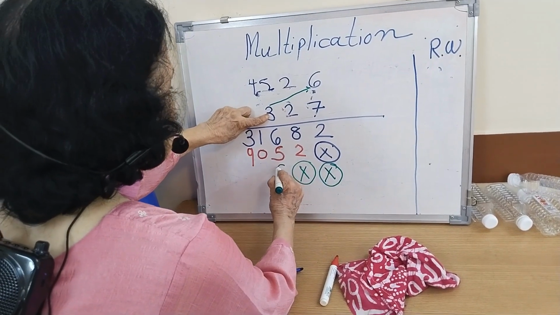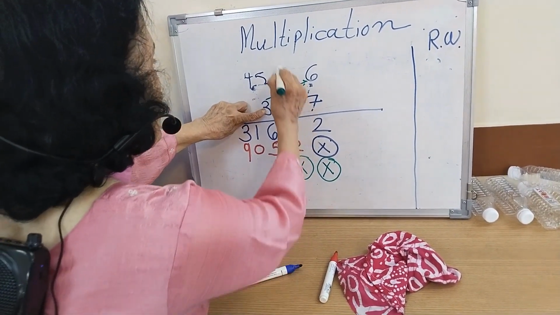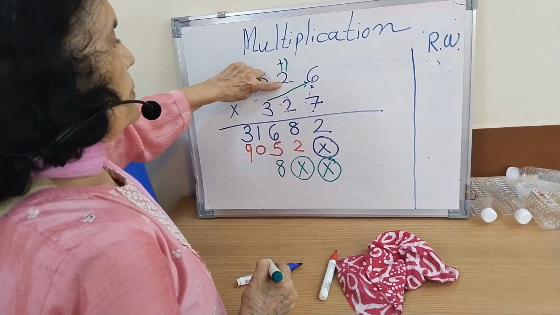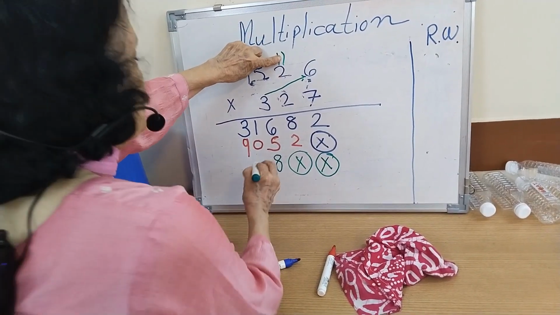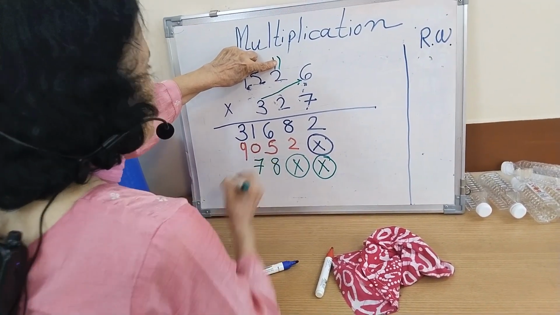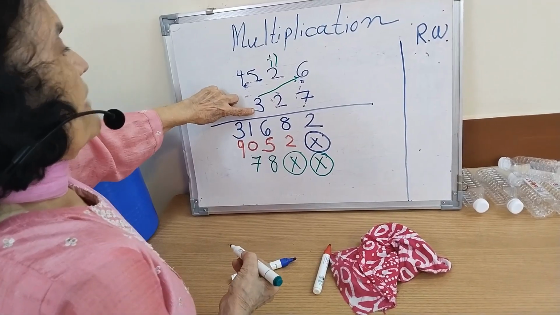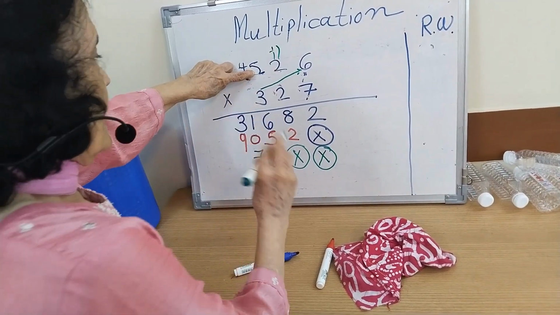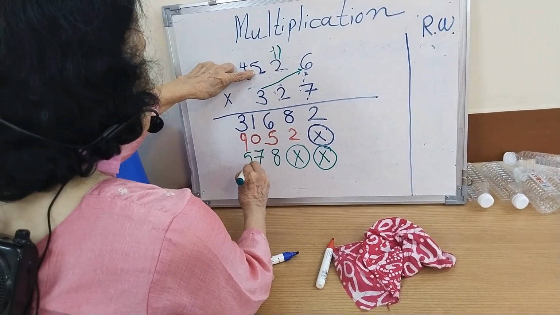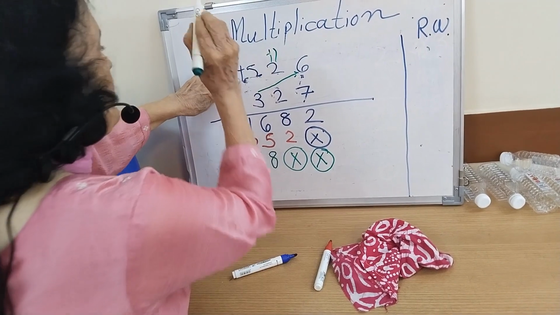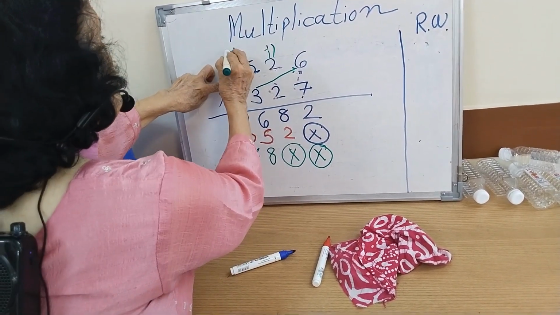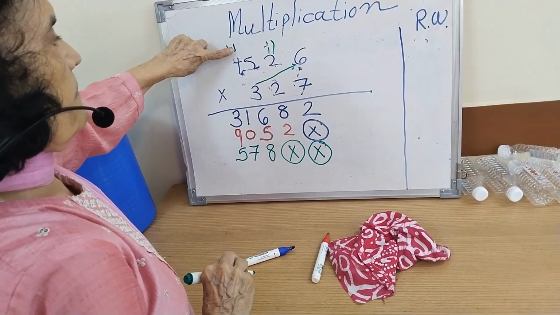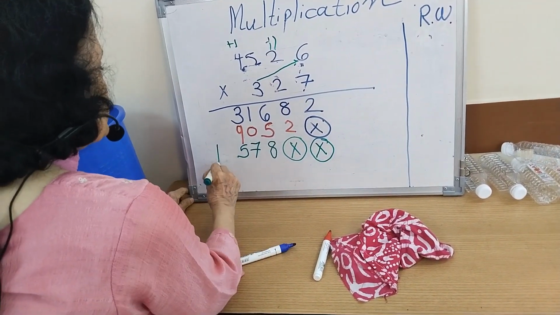So 8 comes here and plus 1 goes here. 3 2s are 6 plus 1, that is 7. Then 5 3s are 15 plus nothing, and hence 5 comes here, 1 goes here. So this is also plus. And now 4 3s are 12 plus 1, that is 13.